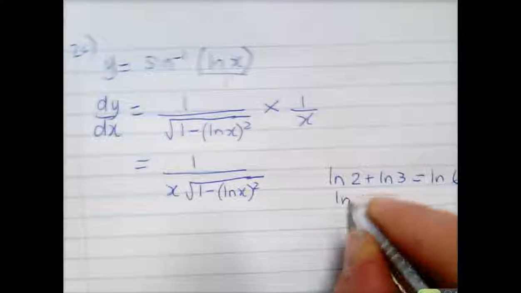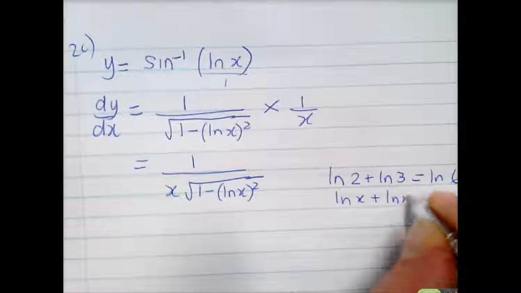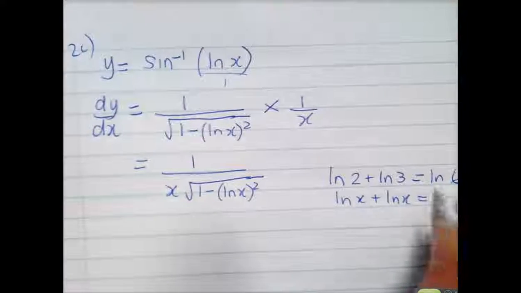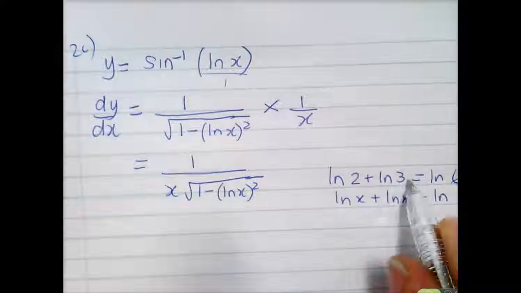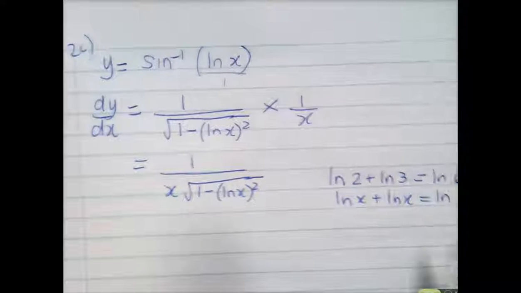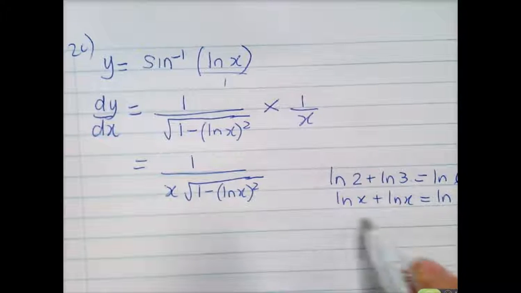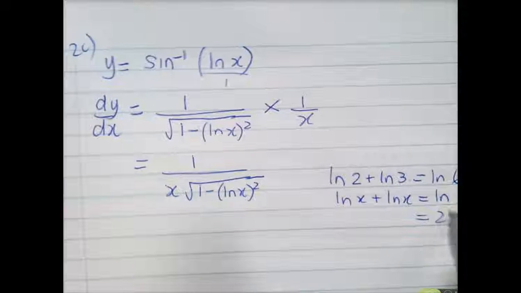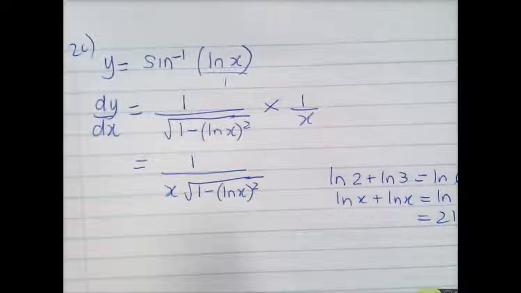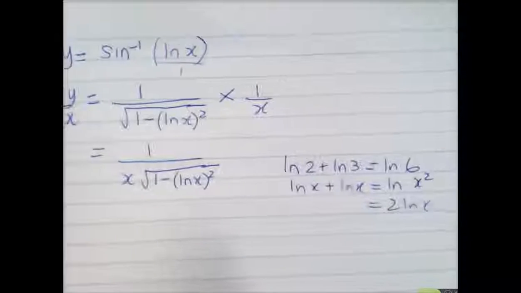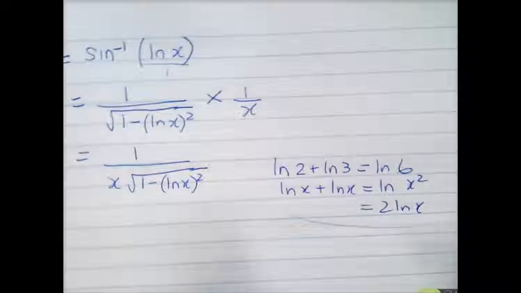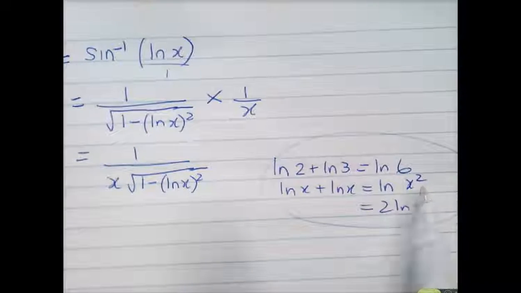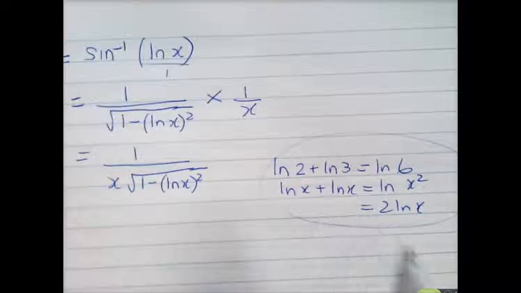So if I give you ln x plus ln x, what did I do with the 2 and the 3? I multiplied them, so it's ln x squared, which is 2 ln x. Using that rule or using algebra type things, it's 2 ln x.